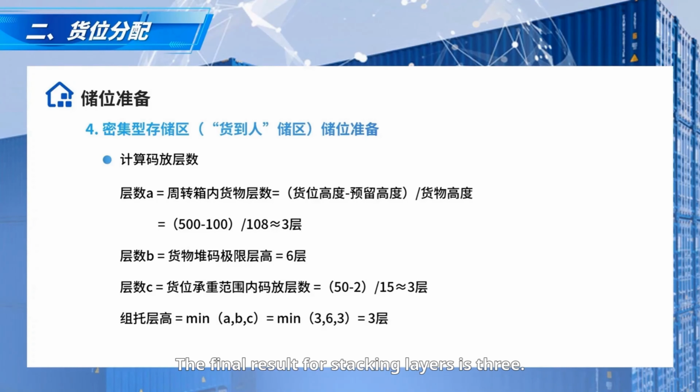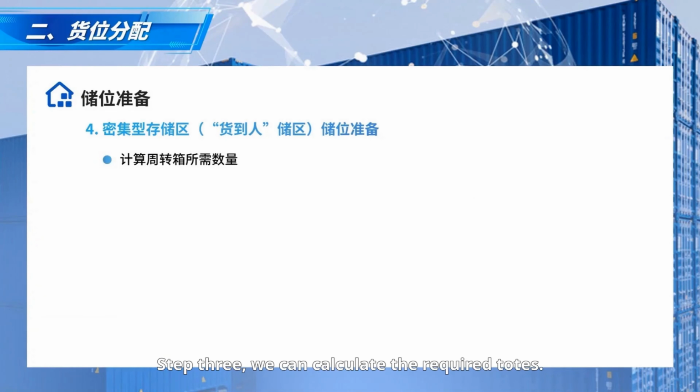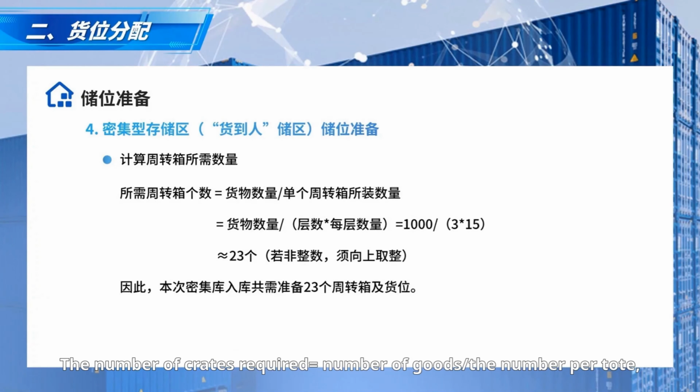The final result for stacking layers is 3. Step 3. We can calculate the required totes. The number of totes required equals number of goods divided by the number per tote. The result is 23 units. Therefore, this high-density storage area inbound requires 23 totes and locations.